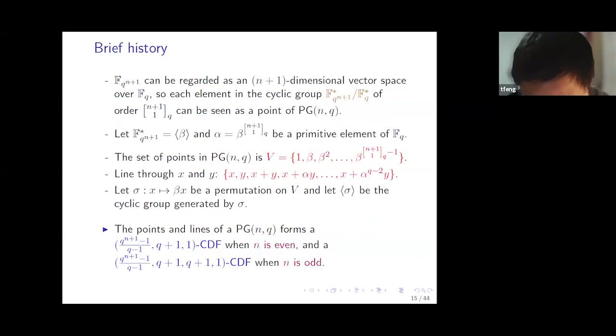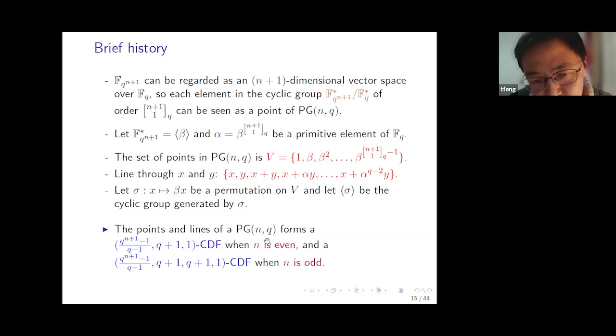Okay, this is the story for the base block size 4. And how about base block size greater than or equal to 5? The known results are very small. Anyway, for the general base block size k, the most famous result comes from finite geometry. We know that the points and lines of PG(n,q) form a Steiner system, and actually it forms a cyclic Steiner system.